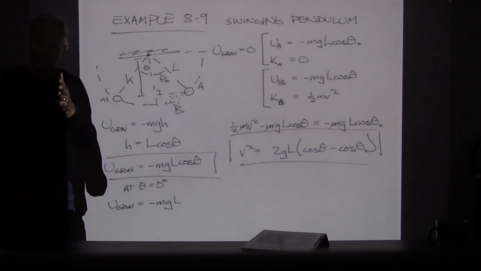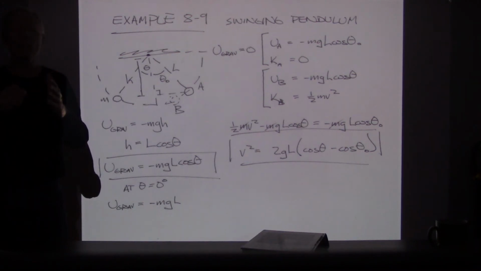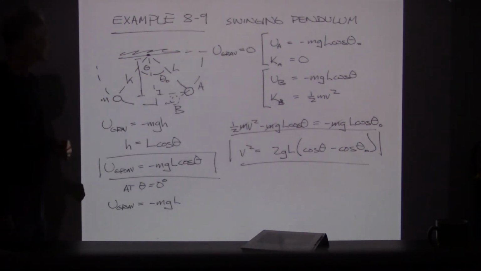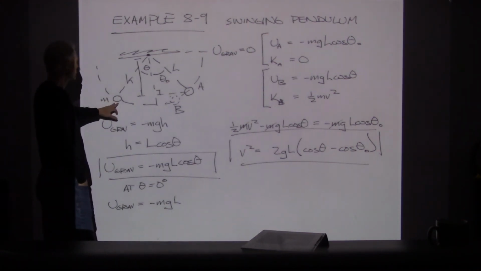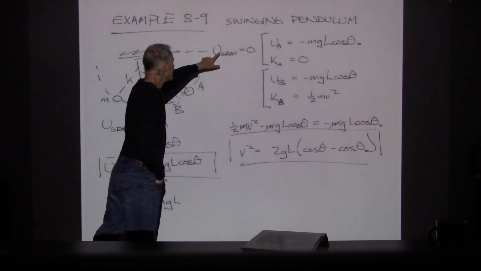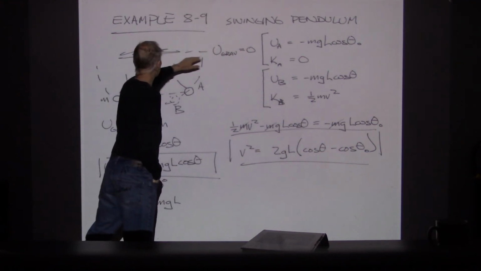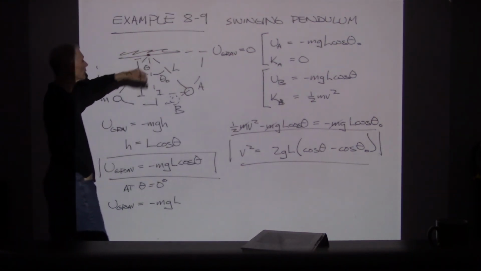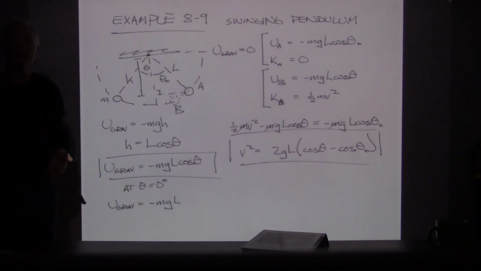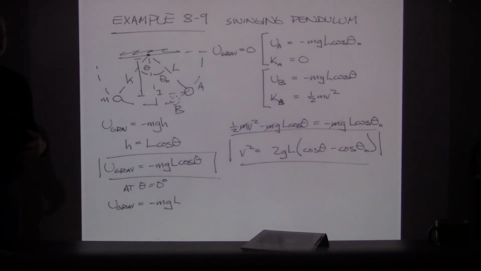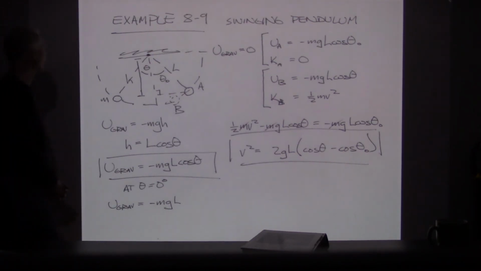But for a pendulum just oscillating back and forth, it's following a circular path. That means I'm going to set the gravitational potential energy to be 0, my 0 point, my reference, at the center of the circle. Mathematically, it saves you a few steps, so it's the simpler way to approach this.